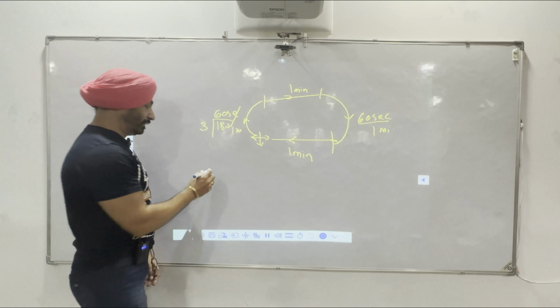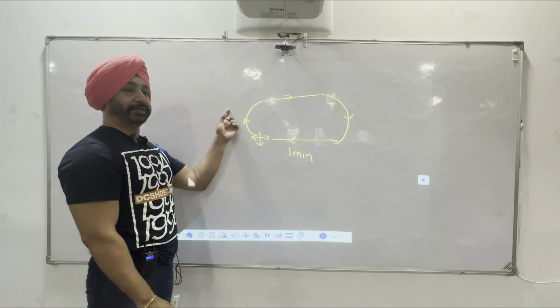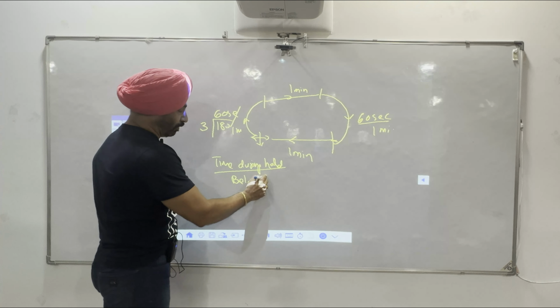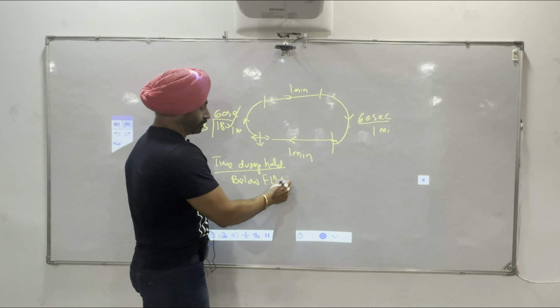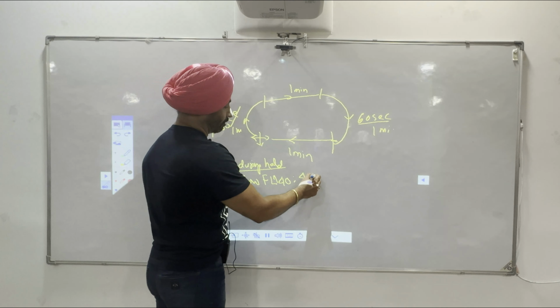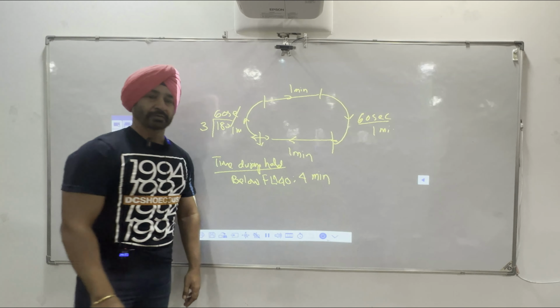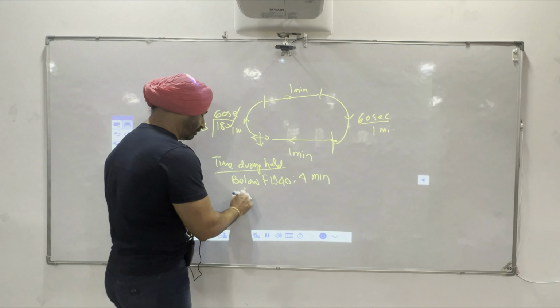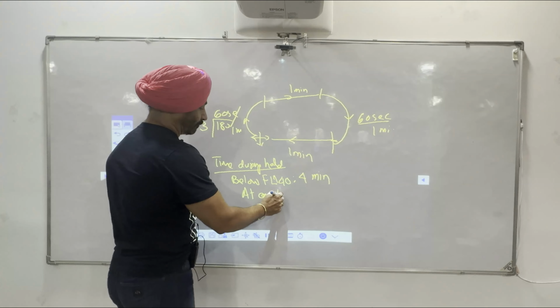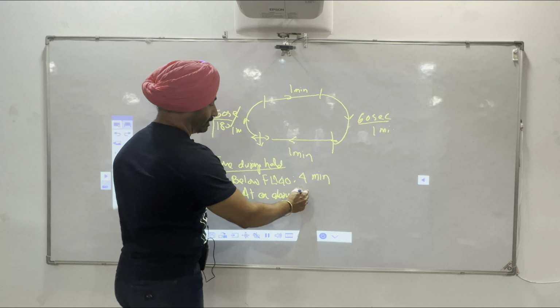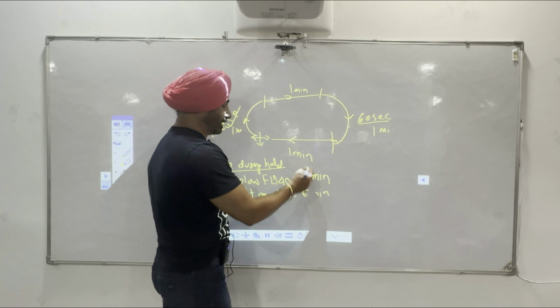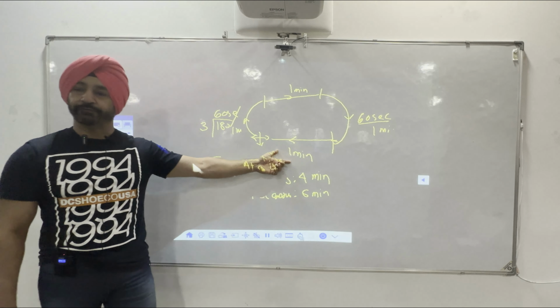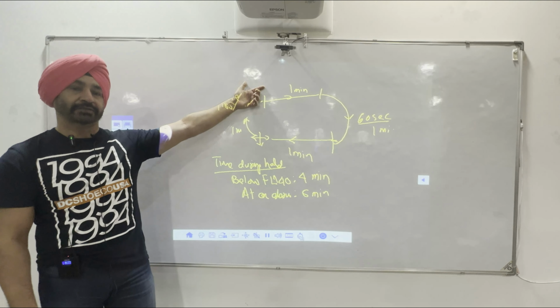So the time during hold is, now you are turning through how many degrees? Below flight level 140, it is 4 minutes. At or above, it is 6 minutes, because this leg becomes 1.5 minutes, 1 minute 30 seconds, 1 minute 30 seconds.